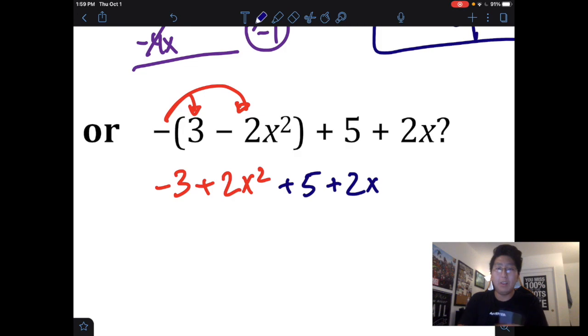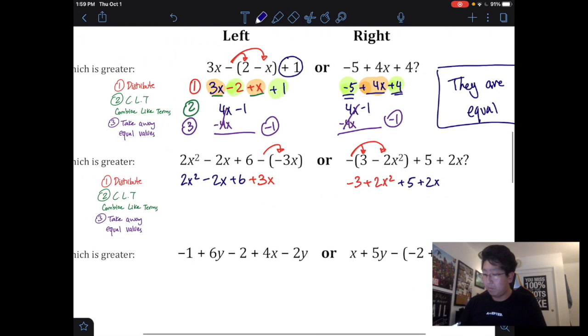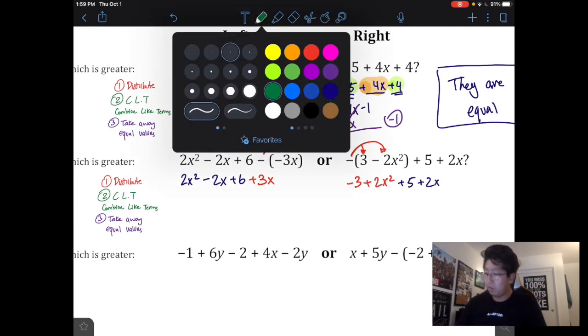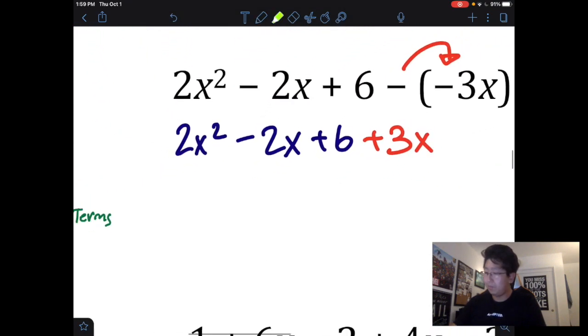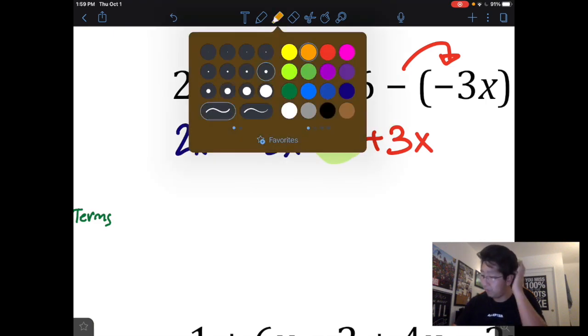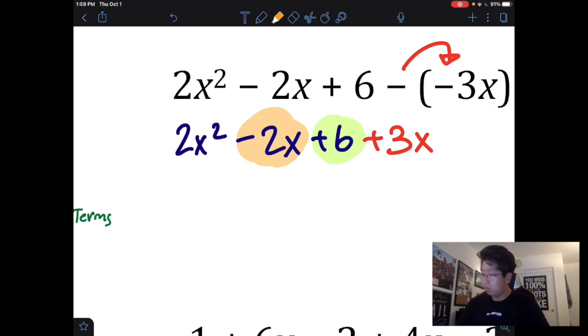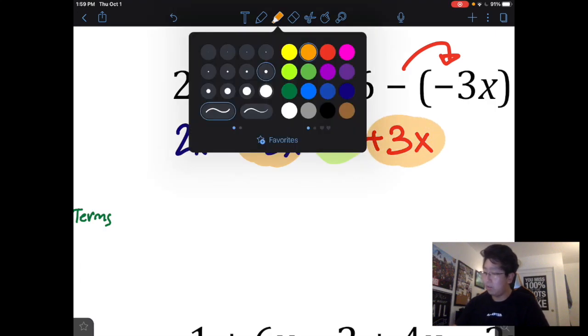All right. Next step. We're going to combine like terms. So I'm going to go ahead and highlight. Plus 6. Minus 2x and plus 3x.